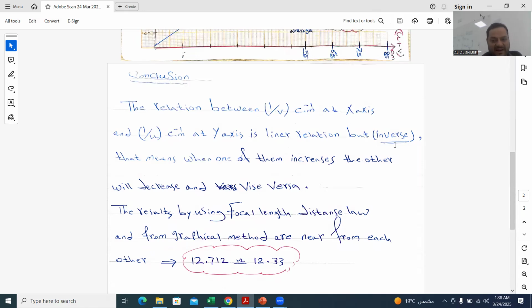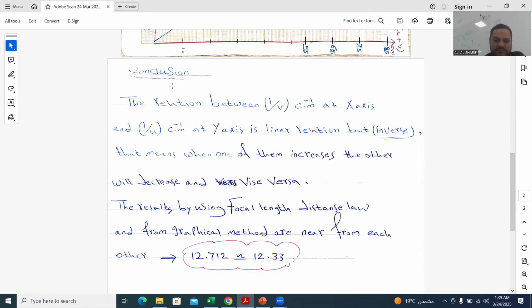Here it's direct, not inverse, because I used another way, the easier way. That means when one of them increases, the other will increase too. The results from using the focal length law and from the graphical method are near each other. That means our results are acceptable.